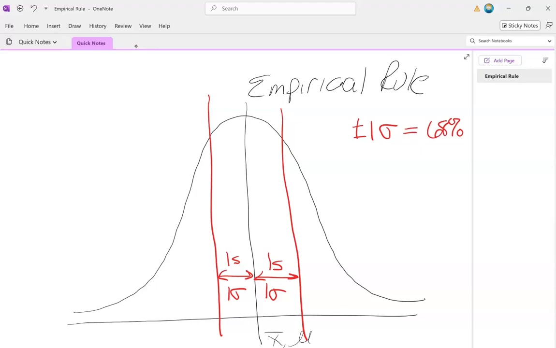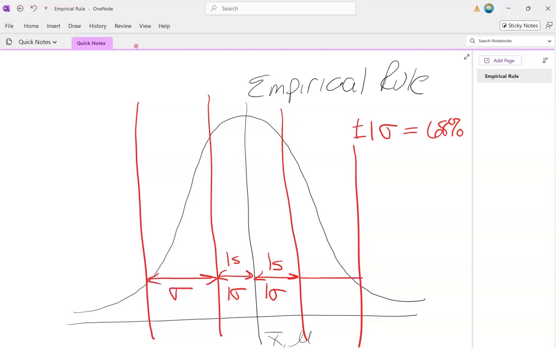So in a normal distribution, the data will cluster around the middle. And then if I go out two standard deviations, so I had another sigma here, another sigma here, or if I'm talking the sample, an S here or here. So plus or minus 2 standard deviations is going to be 95% of all the data.